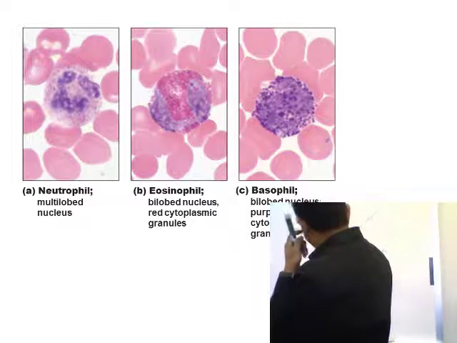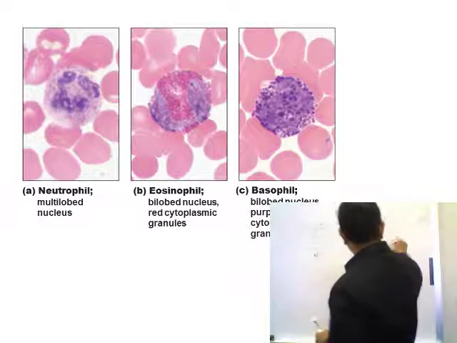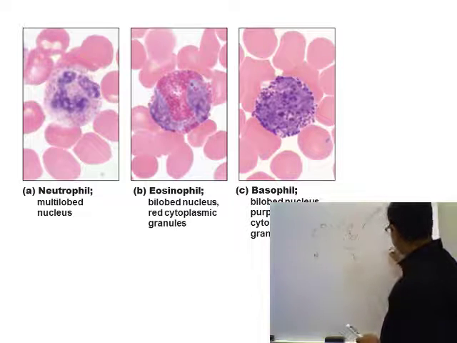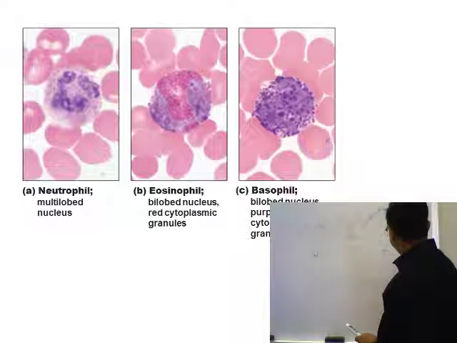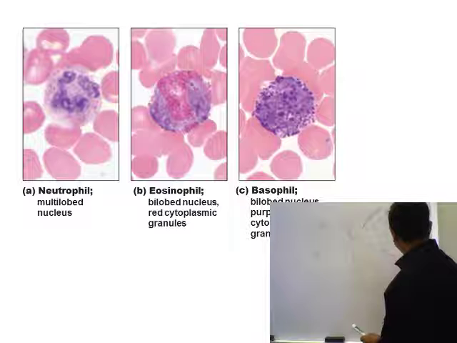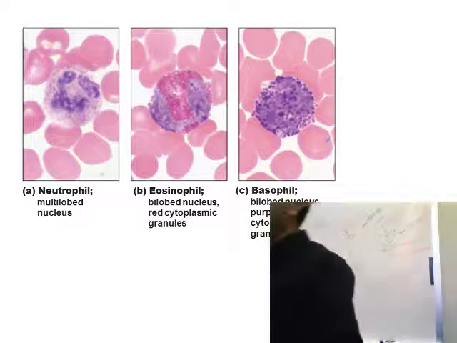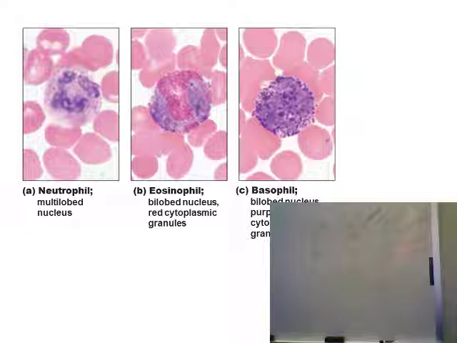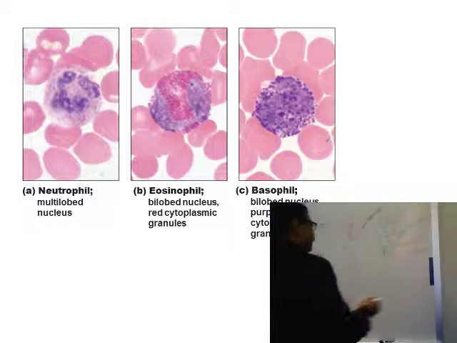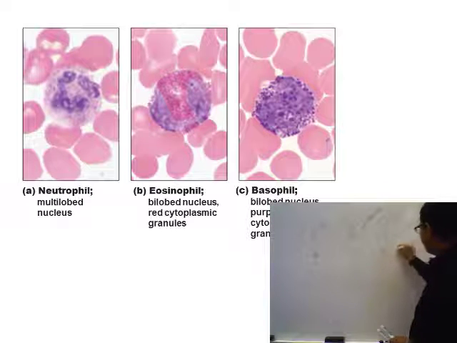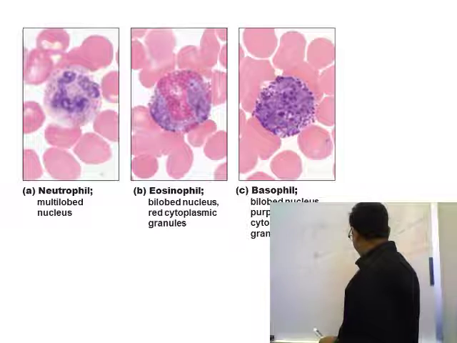Just know that basophils produce important chemicals. One is heparin and also histamine. Histamine and heparin, those two important chemicals are synthesized in basophil. Heparin is an anticoagulant. Probably you have heard that.